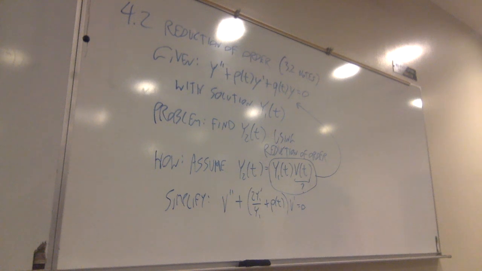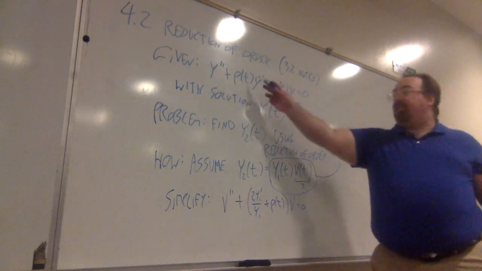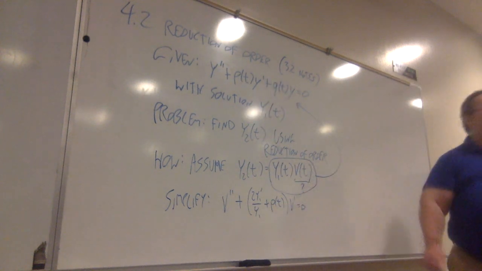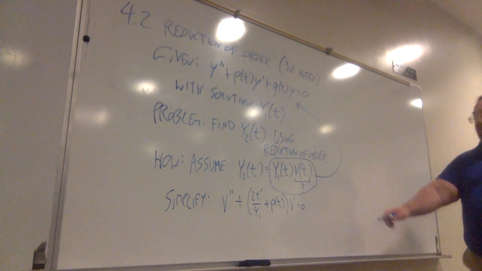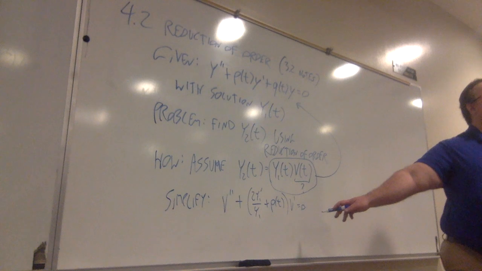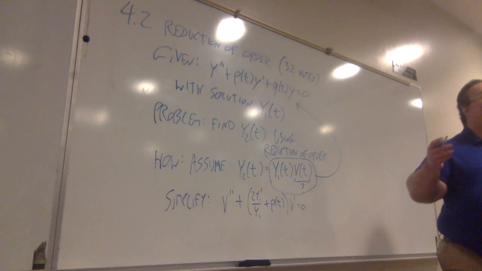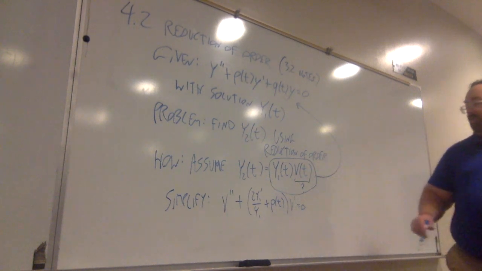Now, it looks like we have an equation that is no easier than what we started with, because we have a second order equation here, and now we have a second order equation down here also. But there's one huge difference. There's no v term. That has been made 0 as a result of this substitution.